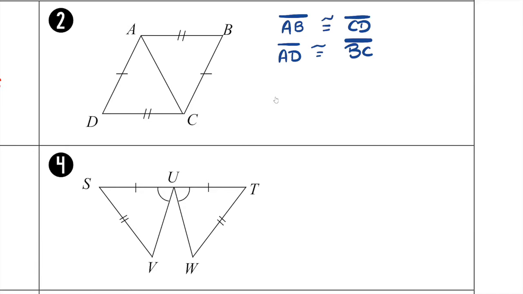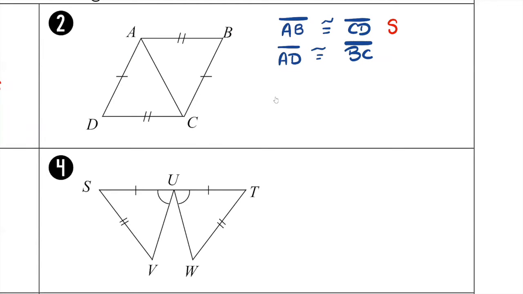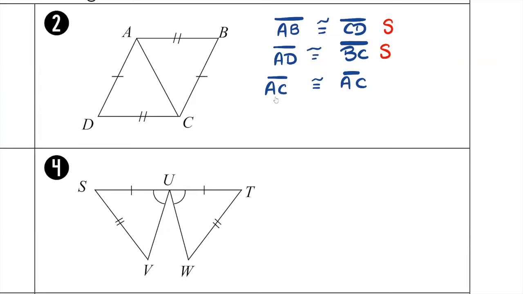All right, we got 2. Where's the third one? So we've got 2 sides so far. It's a shared side, so AC is congruent to AC. And that's also a side.